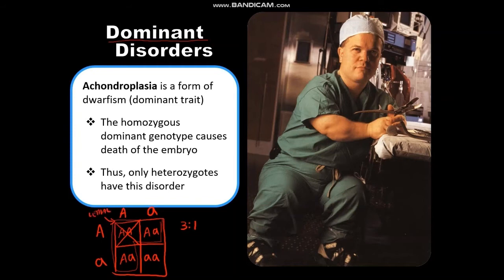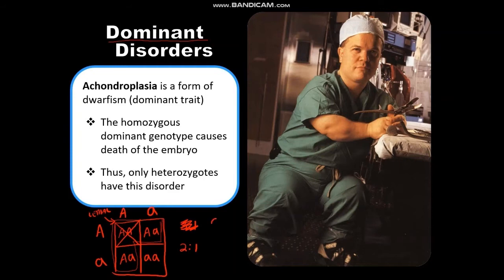You do not see that zygote actually come to term. It never actually survives long enough. So everyone with this condition turns out to be a heterozygous individual, which means we don't get a 3-to-1 ratio in the offspring. We actually see instead a 2-to-1 ratio in the offspring.